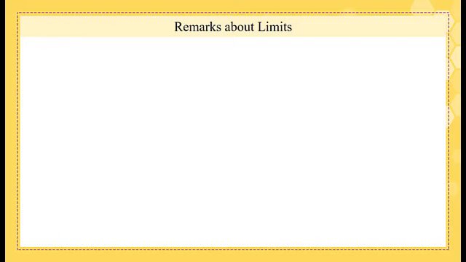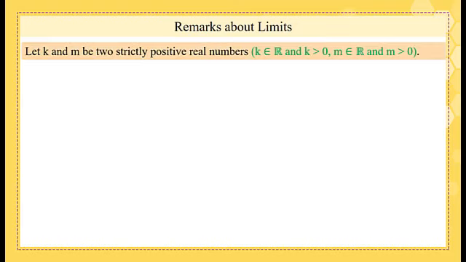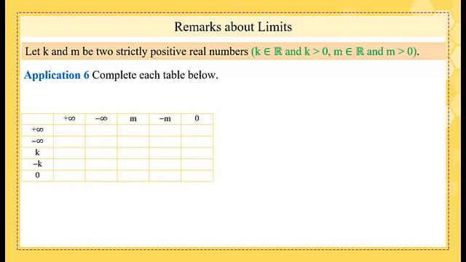Some remarks about limits. Let k and m be two strictly positive real numbers, where k belongs to R and k is positive, m belongs to R and m is positive. In this application, please stop the video each time you want to solve to complete the table. The first table is by adding the terms.